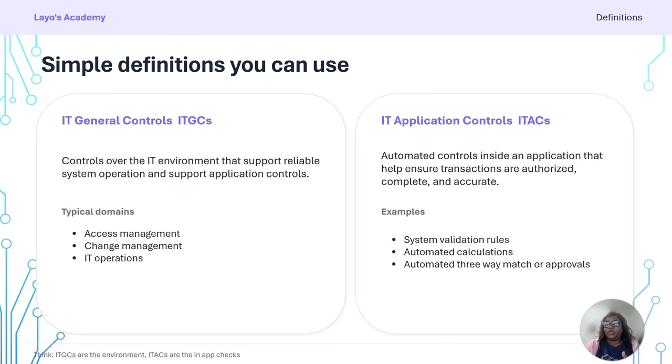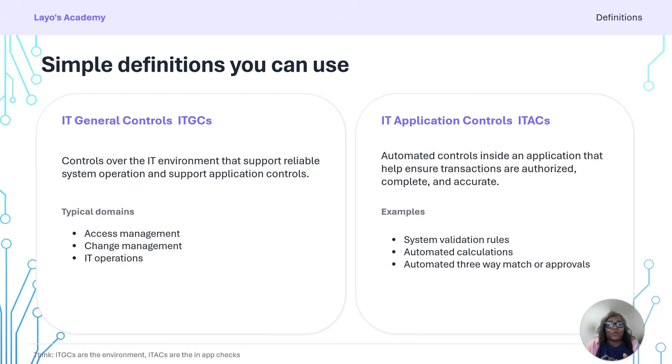Examples: system validation rules, automated calculations, automated three-way match. Okay, these are controls that exist within specific applications just to ensure that the transaction flows are processed accurately and completely.